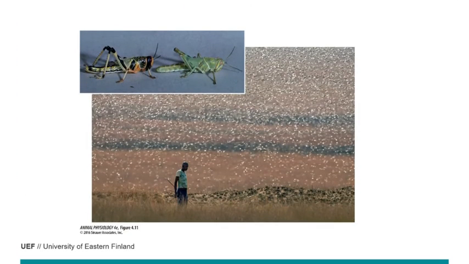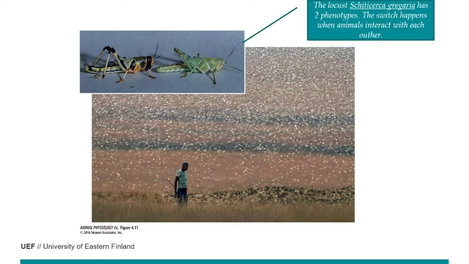And this might be the most extreme example of changing the phenotype. It's a locust that has two different phenotypes, and they switch when the animals are interacting with other animals.